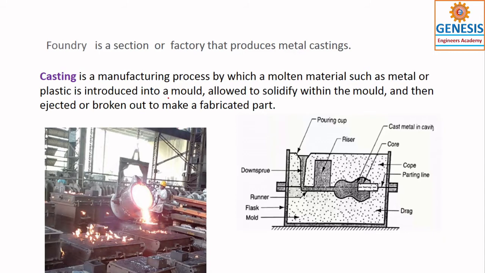In casting, you have to first prepare the pattern and make the mold cavity with the help of the pattern. Then you have to melt the metal and pour it into the mold cavity, allow it to solidify, and then take it out of the mold.